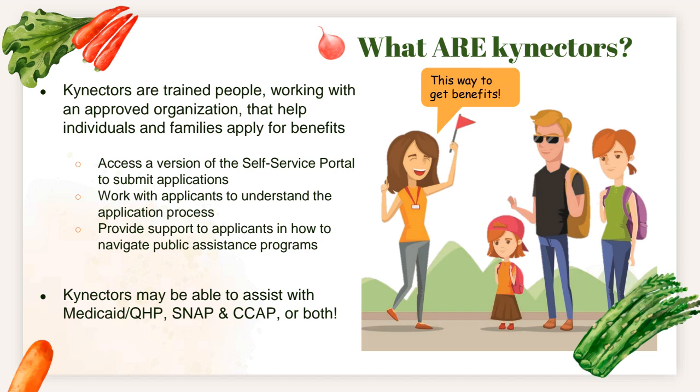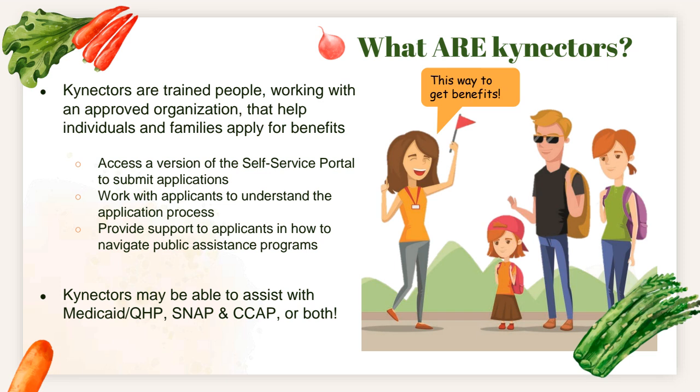So this is the bulk of why I'm here: I want to talk to you about kynectors and what they are. Kynectors are trained folks working with different organizations, and they help families apply for SNAP benefits. I like to think of them as a tour guide for getting benefits. They're showing folks the way, how to navigate the program and get through everything.